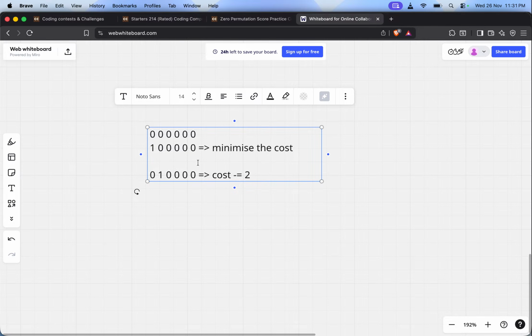So what happens in the next condition? If we converted this element, then cost minus equal to 1 again. But if we converted this index, this index has a neighbor which is 1, and this index itself is 1. So again, cost minus equal to 2. Did you realize what we are doing? We are inserting 1 in all alternate positions, starting from 2.